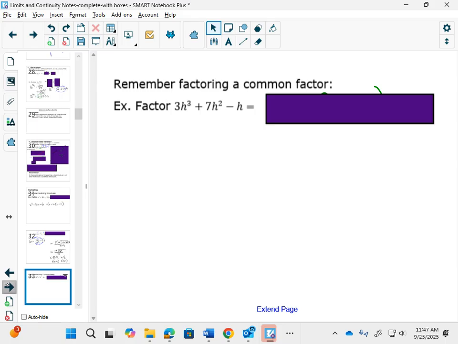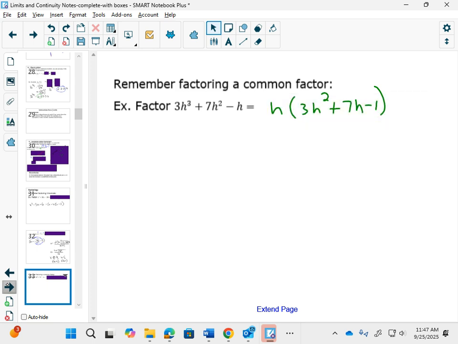Do you remember factoring out a common factor? So if something has a common factor, we would want to take it out. And then you would have to check, can you factor this further? I would try it.